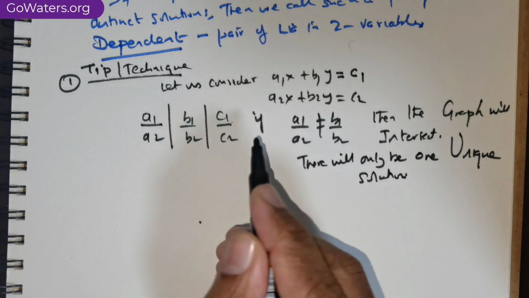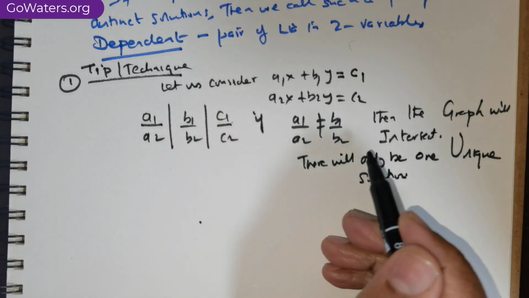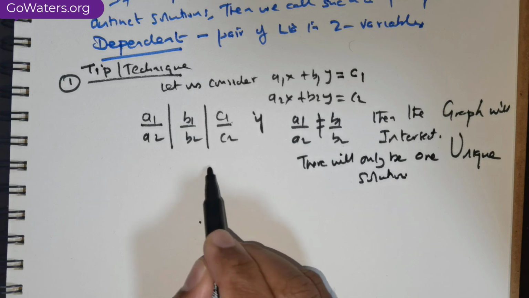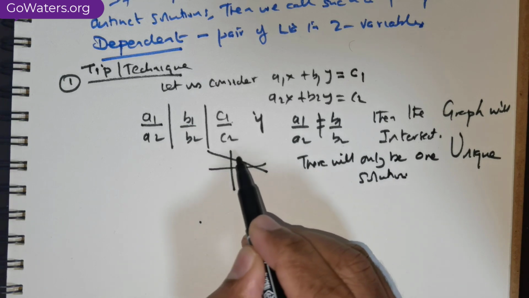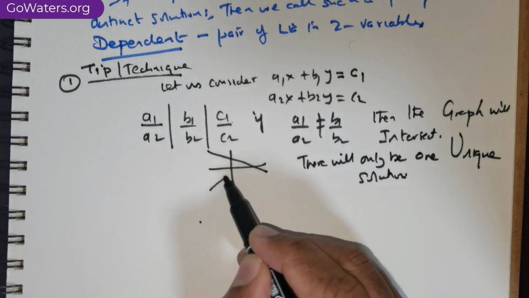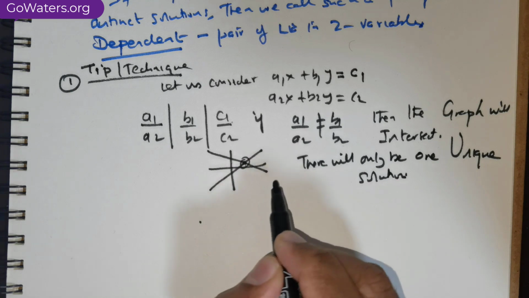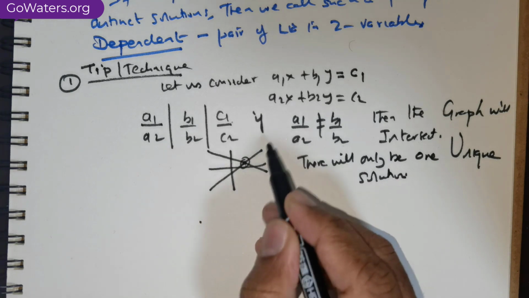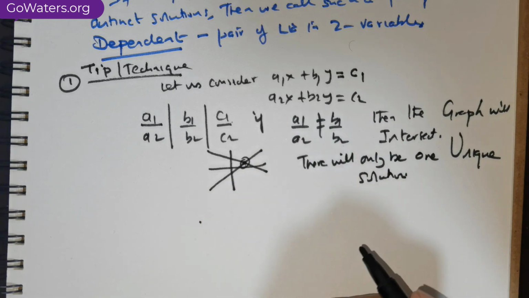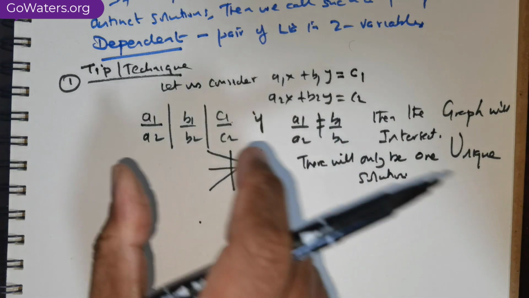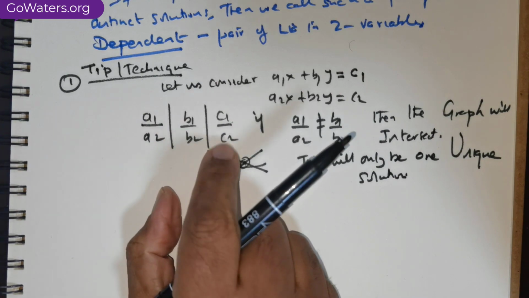Once the intersection takes place, that is the only point the graphs will intersect. So I have a graph that's coming down like this, then I have another graph that's going up like this, and they are intersecting here. This will be the only point. There is not going to be any other point of intersection after this. It's not possible. Simple as that. So you need to find this, and this.